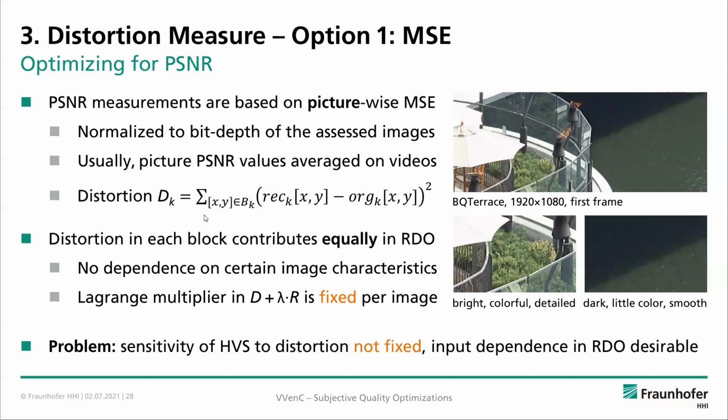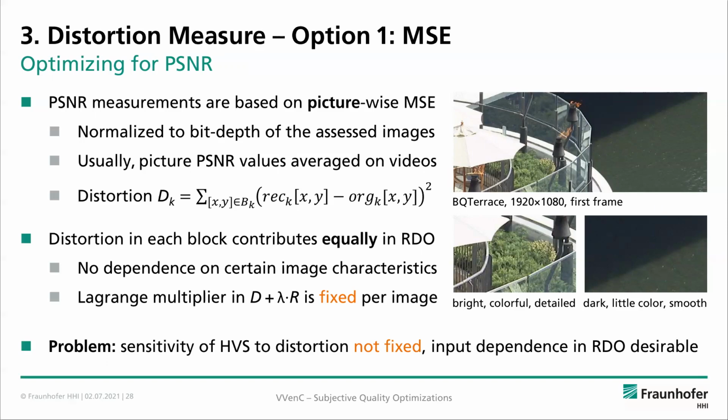There is no dependence on certain image characteristics, but when optimizing for the human visual system, there should be a dependence. As we can see on the right on this example, there are certain areas with bright illumination and quite a bit of color and detail versus some other areas which are darker and have little color and are smoother overall in texture.